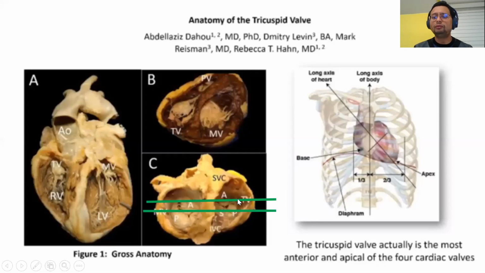How do you differentiate which is which? Remember, as we go backward, we start to see the coronary sinus. Whenever we see the coronary sinus, the leaflet on the other side is the posterior leaflet. When you go to the front and start seeing the aorta, the other leaflet is the anterior leaflet.